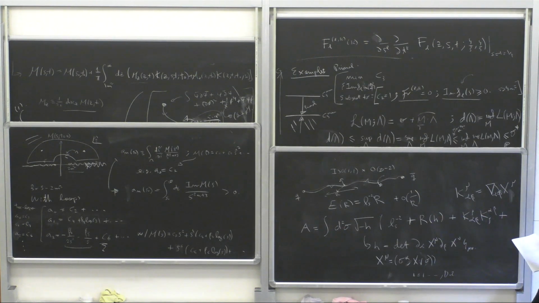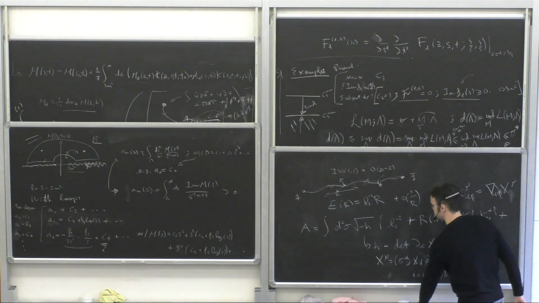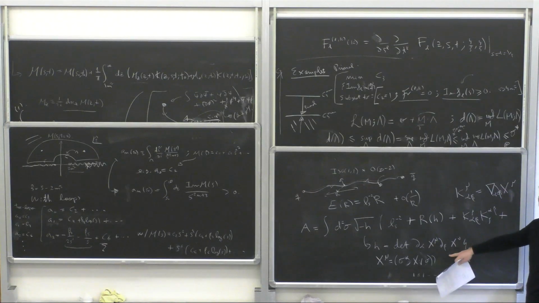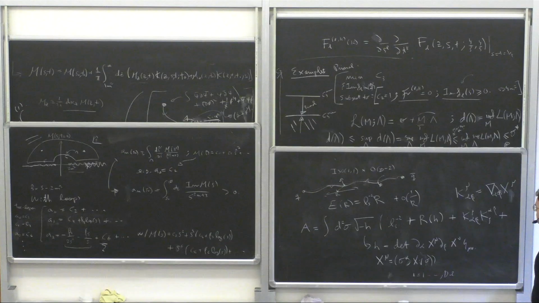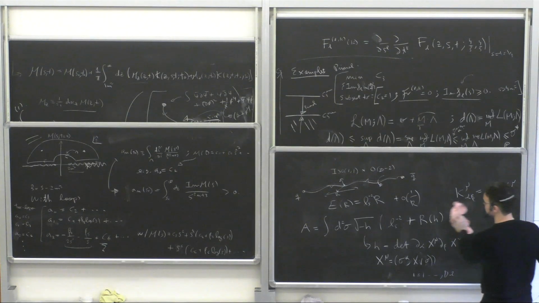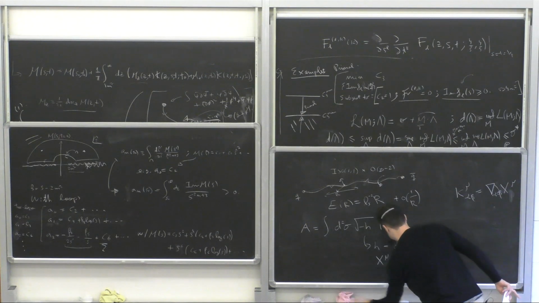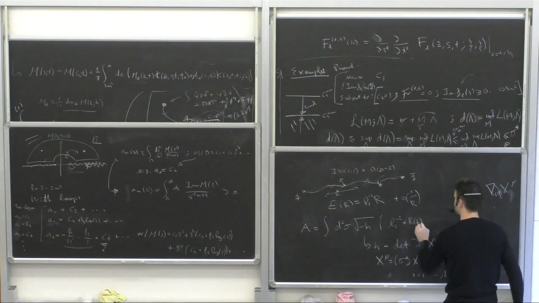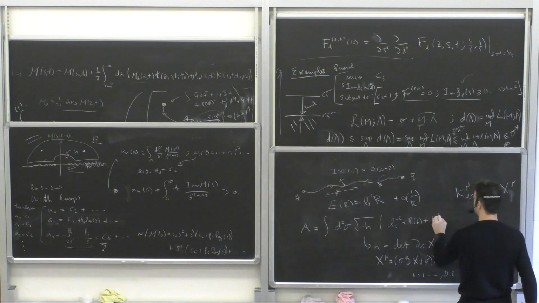Plus, and now the next thing we can write down. Can I erase this to get more space? Or, well, I can write it. Let me write it smaller. Plus R of H plus K squared.